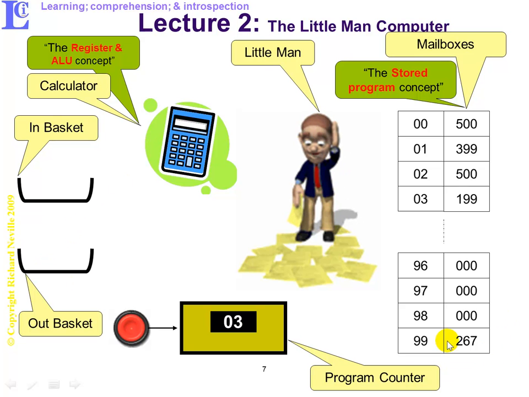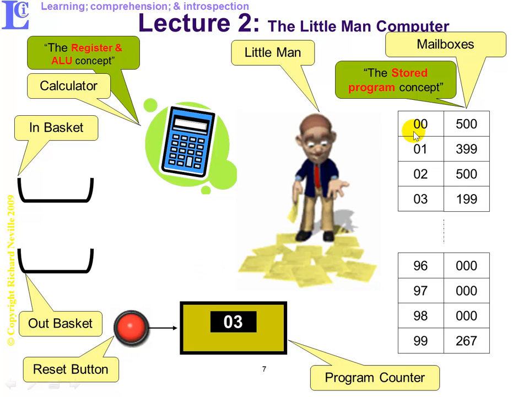Implicitly this could be the data. Implicitly, as the program counter is pointing at, this could be the sequence of instructions that the program will follow to process the data. Let's move on now. This is of course the reset button that starts the whole process at the correct base address 00, and this is a sheet of paper in that location.